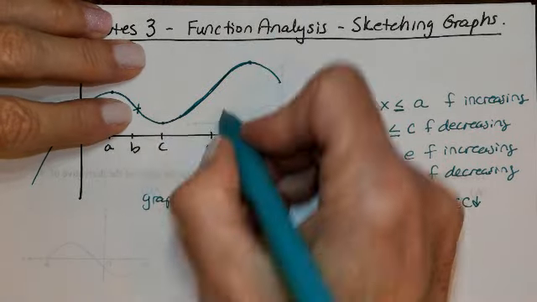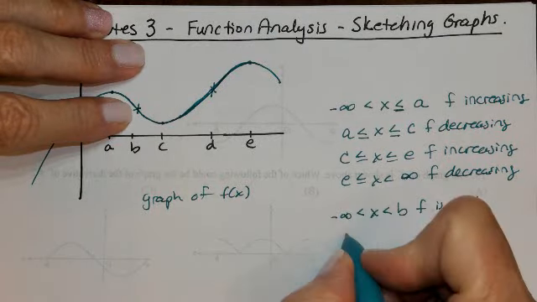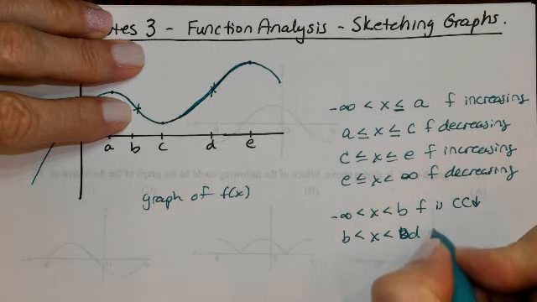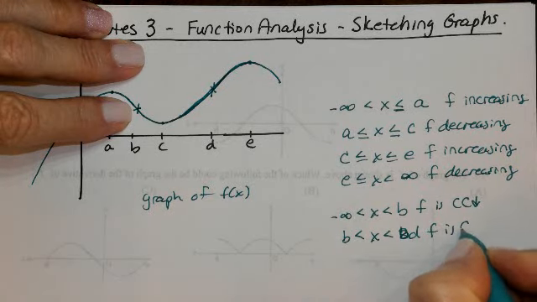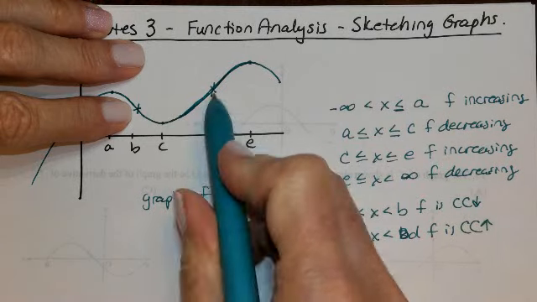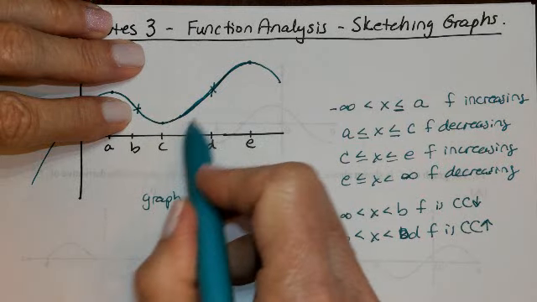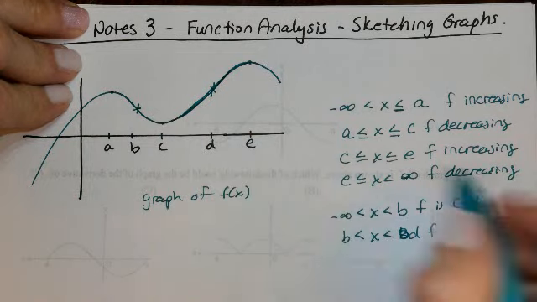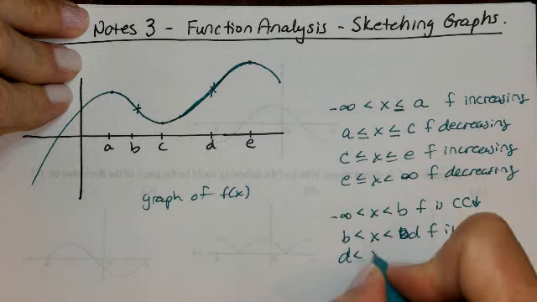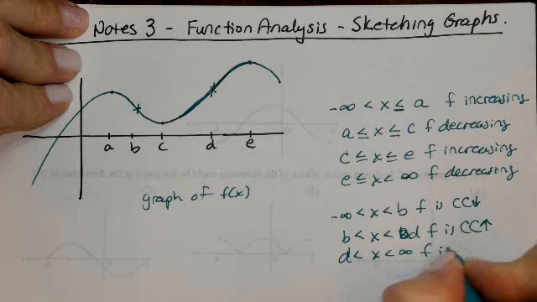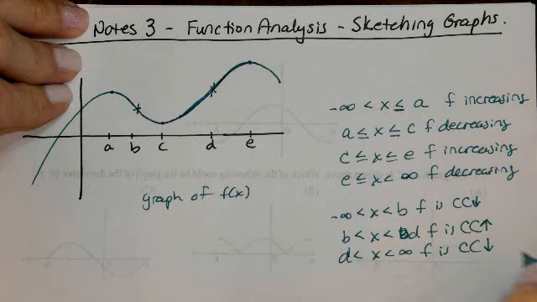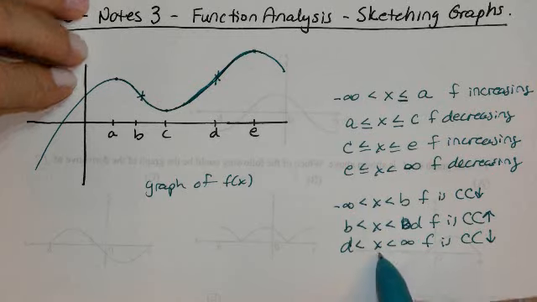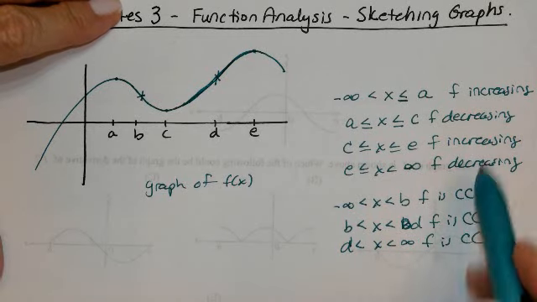So from b to d, f is concave up, and concave down from d to infinity. For concavity you do not include the boundaries. The only time you include those boundaries is for increasing and decreasing.